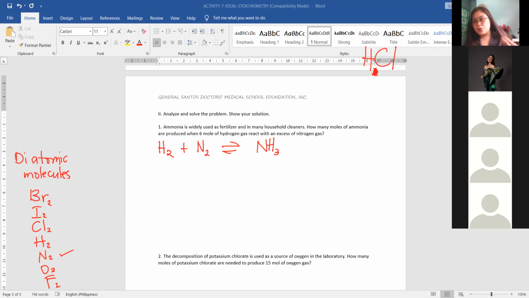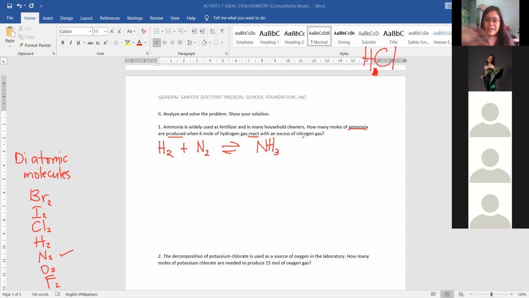You just have to understand it. You have the hint here: produced. The ammonia is what is produced, so it is on the product side. And take note of the word react, meaning hydrogen and nitrogen are the reactants.